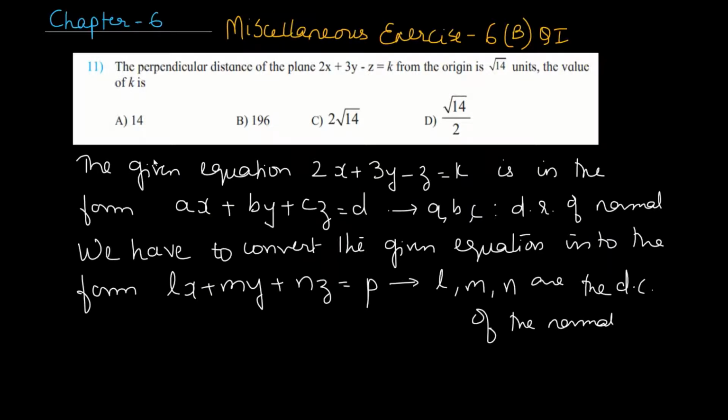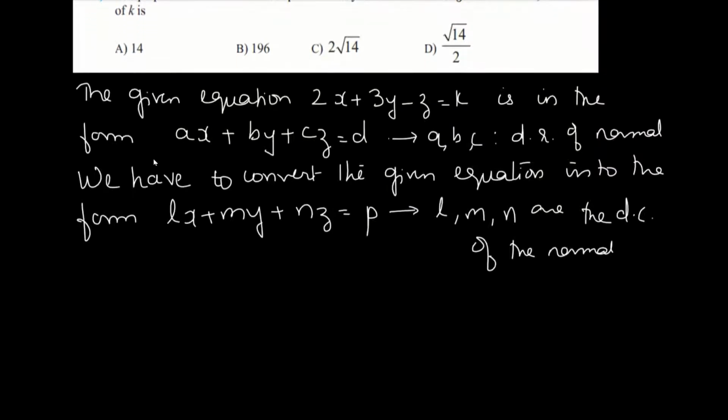So therefore, to convert it into this particular form, that is lx plus my plus nz is equal to p, we divide the given equation.